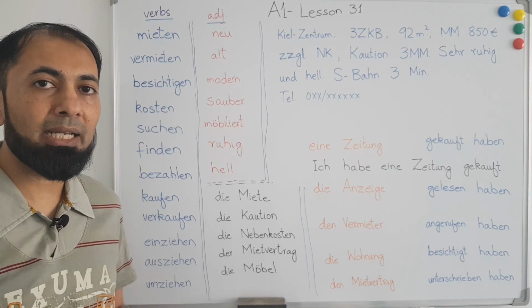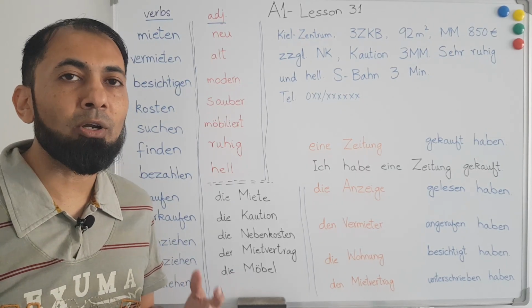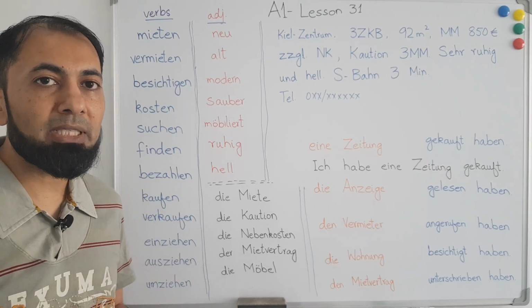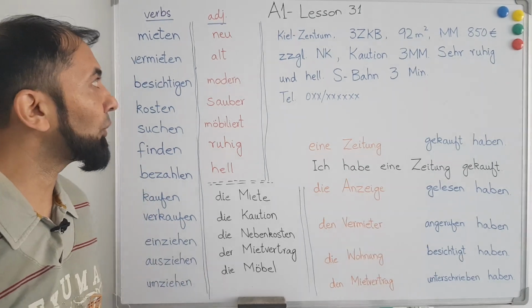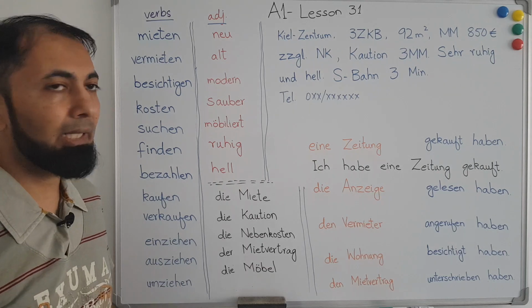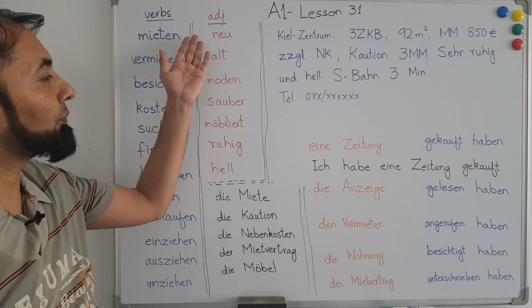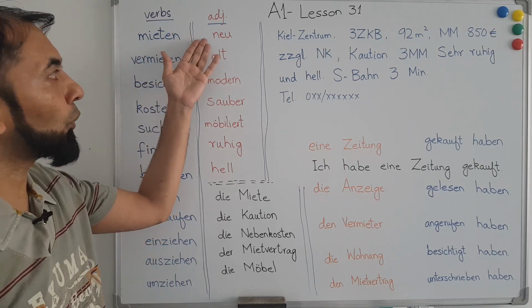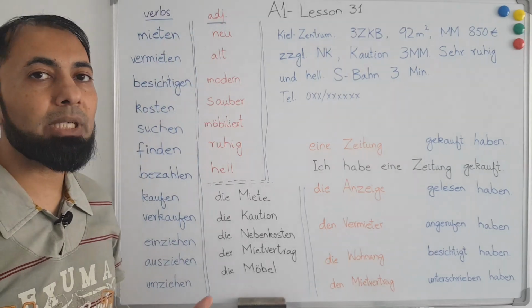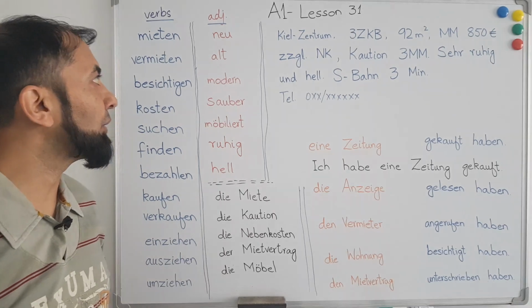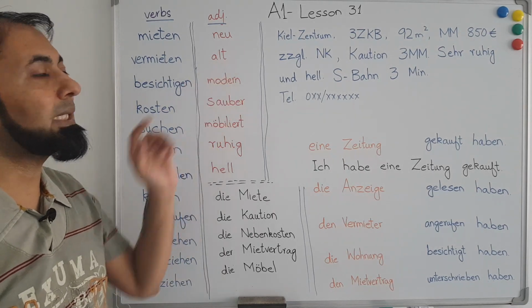Now you will be finding an apartment with certain characteristics or properties. These properties are called adjectives. So the adjectives that are related to apartment, I have listed them here. We start with the first one, neu. Die Wohnung ist neu. The apartment is new. Die Wohnung ist alt.